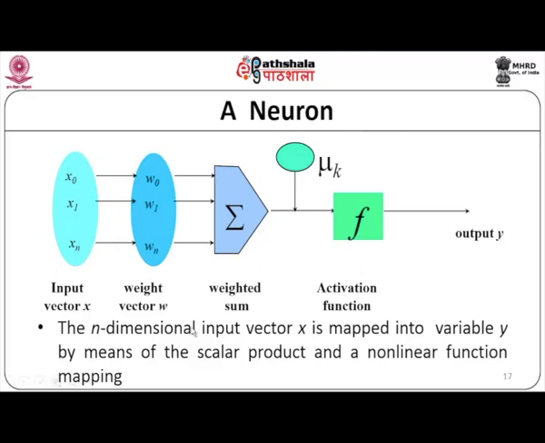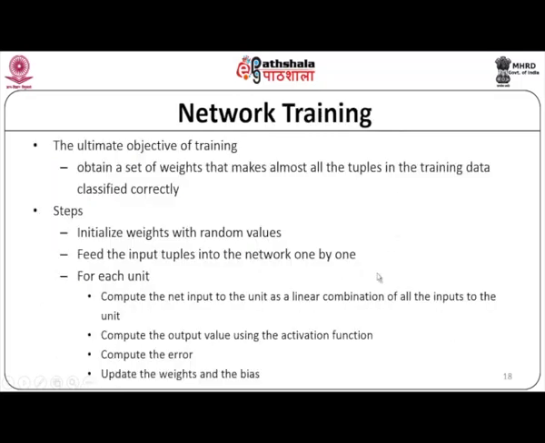Now, this n dimensional input vector can be mapped to variable y. The variable y can be, say, the output, to which you will have to map the input and the corresponding output. So, normally you will be having a nonlinear function with which you can map the inputs to the corresponding output. Now, when you are going to train the neural network, how does this happen?